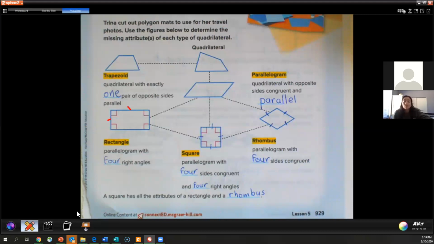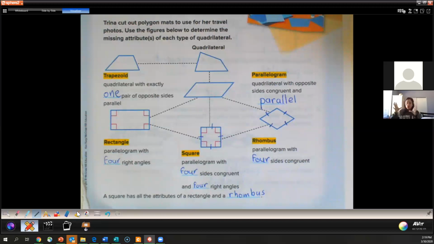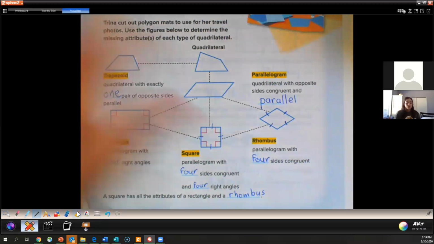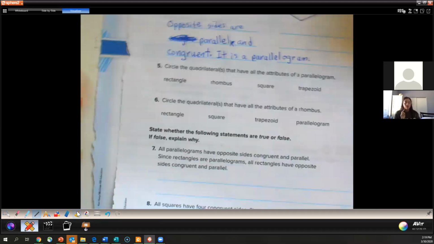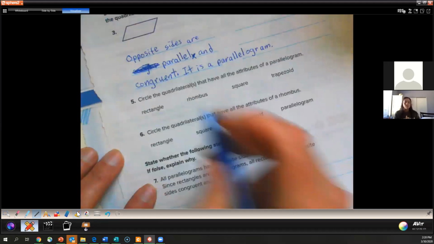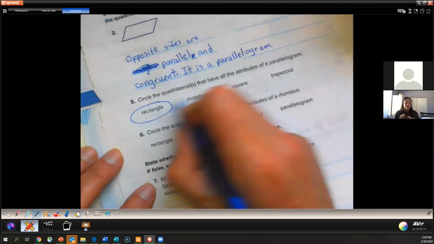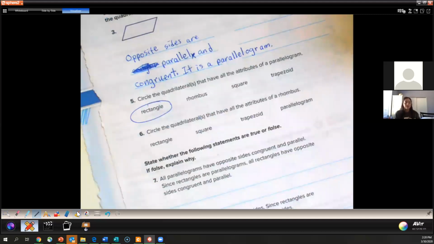You are more than welcome to draw a rectangle on the side of your notes, mark it up, and see if the different sides are congruent, because they should be. So let's go back to our other page, Mr. Yates, and circle our rectangle, because our rectangle has opposite sides that are congruent, as well as opposite sides that are parallel.